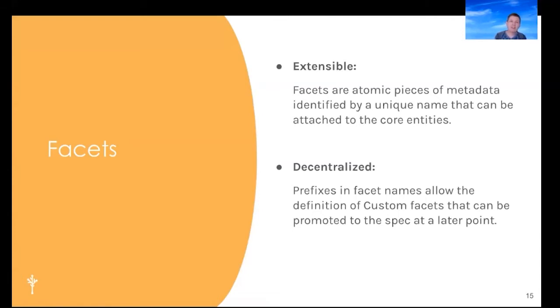So this notion of facet is really meant to be extensible. So you have this core lineage of a run of a job, reading from dataset, writing to dataset. But then the facet is what allows to extend all the information around it. Because a dataset could be a streaming dataset in Kafka, or it could be a batch dataset, could be a table in a warehouse, or it could be a folder in a distributed file system.